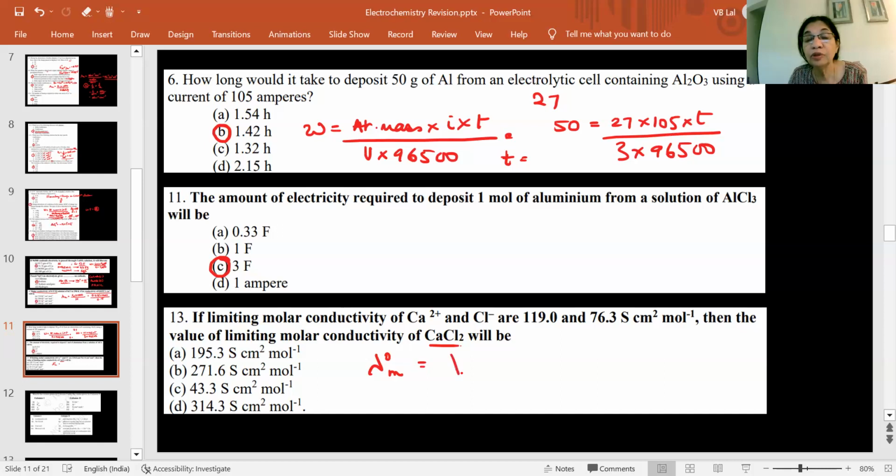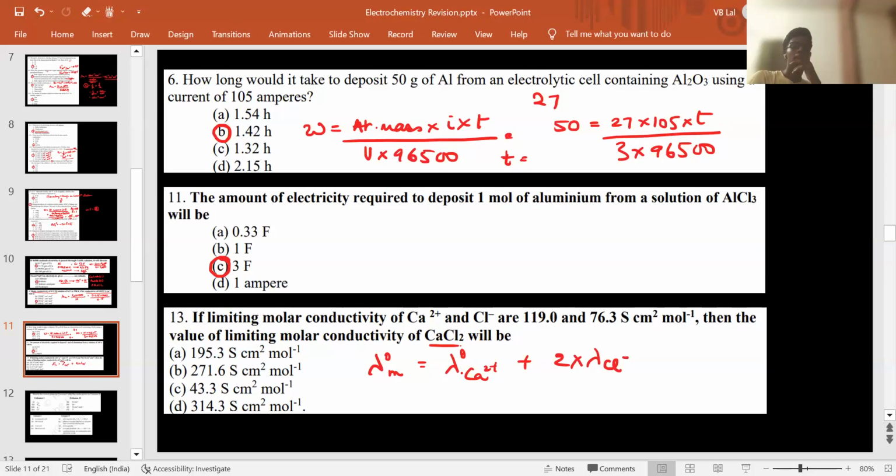Limiting conductance of calcium 2 plus, plus 2 into limiting conductance of chloride minus. Ma'am, is the answer 43.3? I have not calculated, and 43.3 doesn't look like it, because it should be larger. So calcium is... You should option B, ma'am.